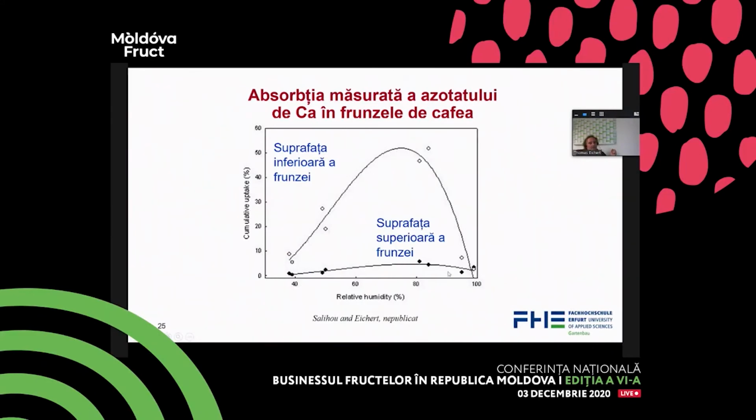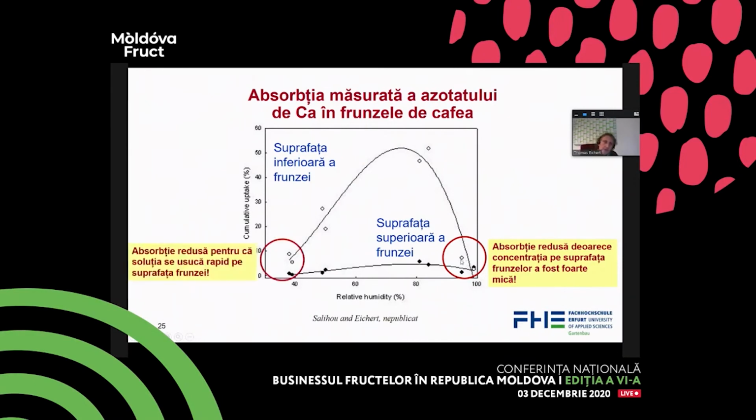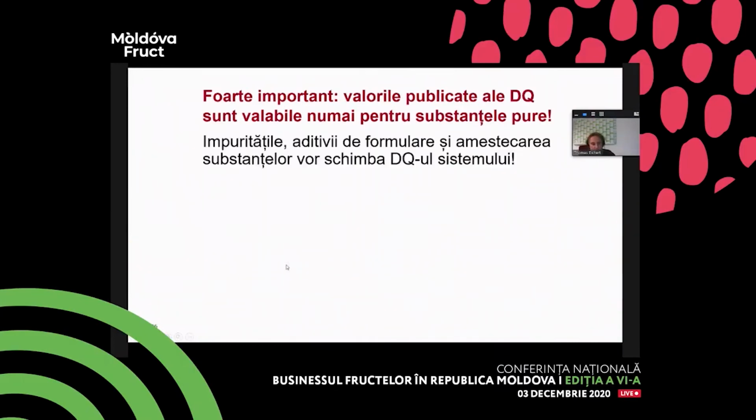And what we found in both cases was that we had maximum penetration rates at intermediate humidity. If humidity was too high, uptake was quite low because the concentration on the leaf surface actually was too low. And if humidity was, on the other hand, too low, we also had low uptake rates because the solutions dried out on the leaf surface.